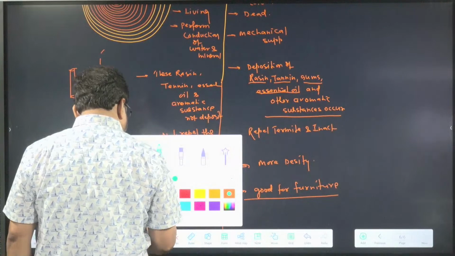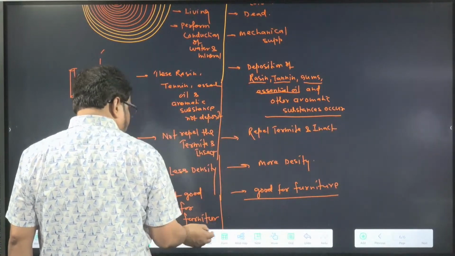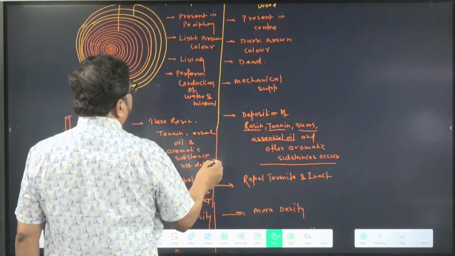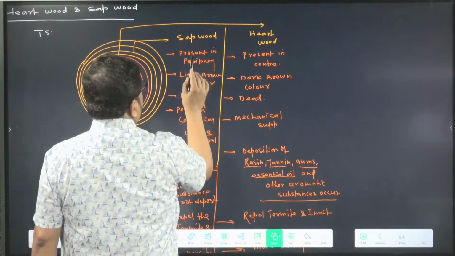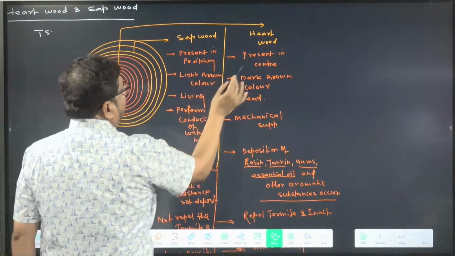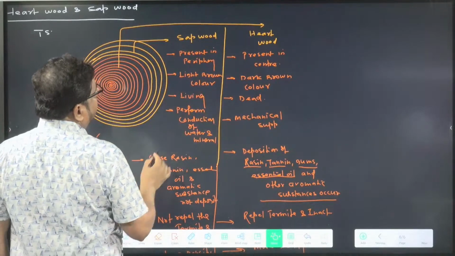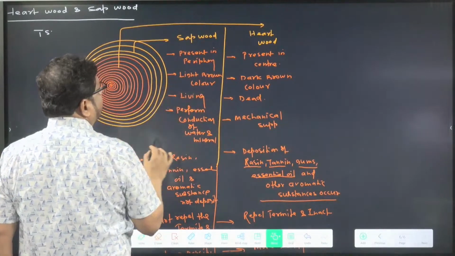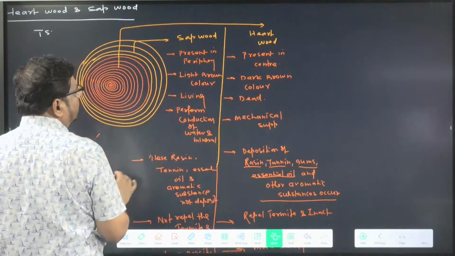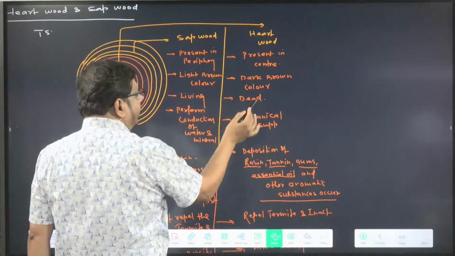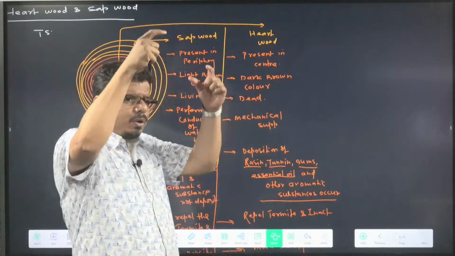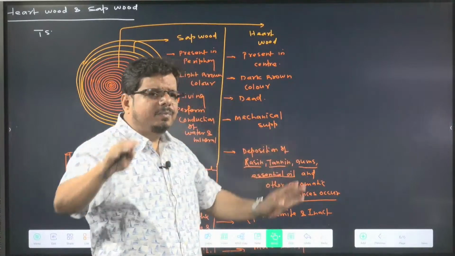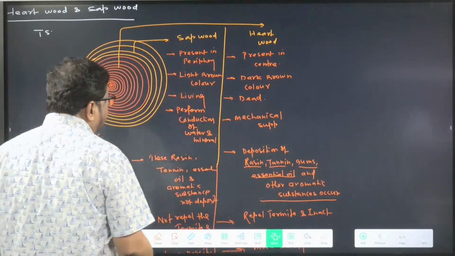Once I am revising it, and then we will finish the class. So look here. I told you sapwood is present in the periphery, heartwood is centrally located, light brown color of sapwood, dark brown color of heartwood. It is living, it is dead. Why is it dead? Because every component is blocked due to deposition of secondary matter.